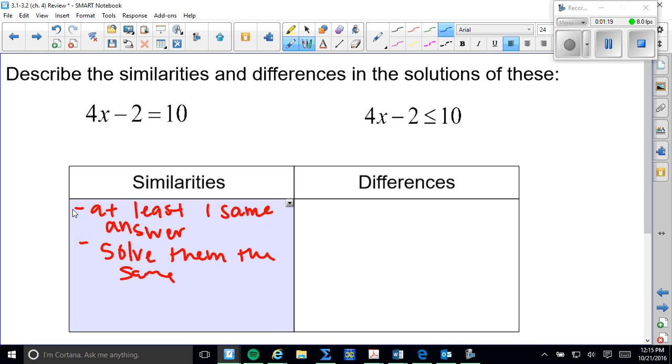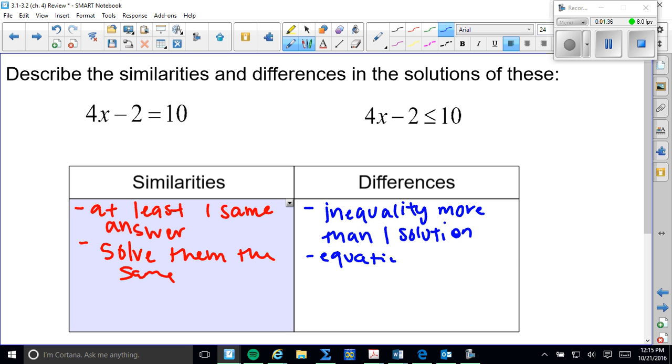If you remember about differences though, the inequality will have more than one solution, whereas the equation only has one. Hopefully those are some of the similarities and differences that you came up with.